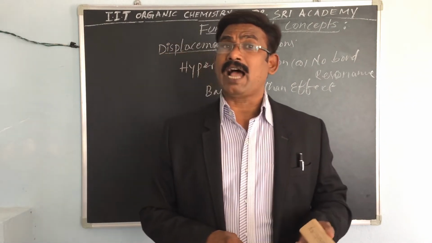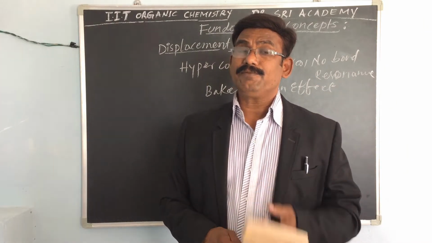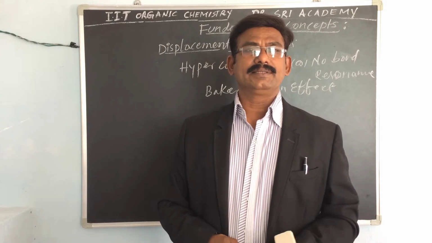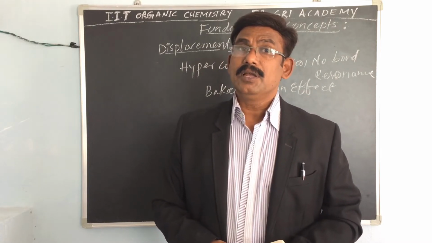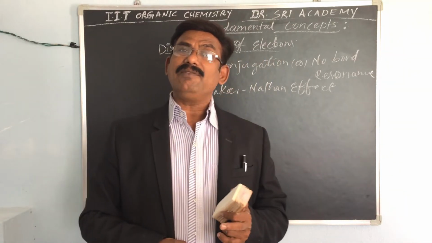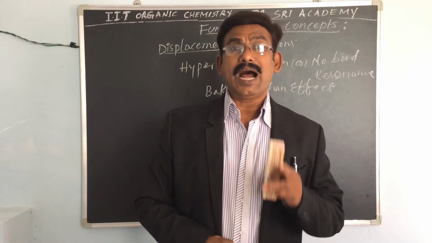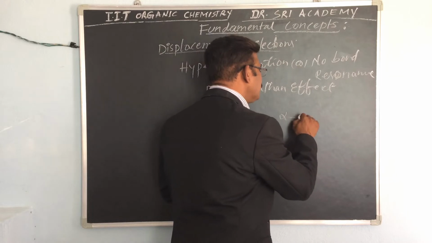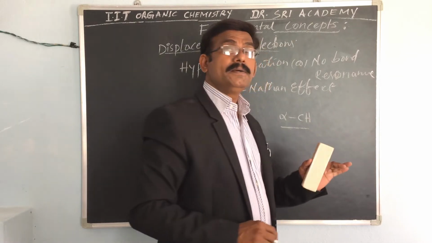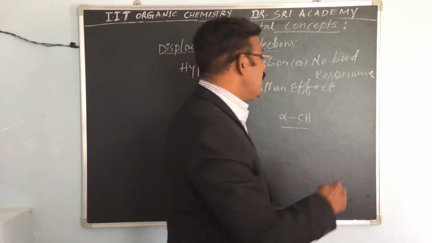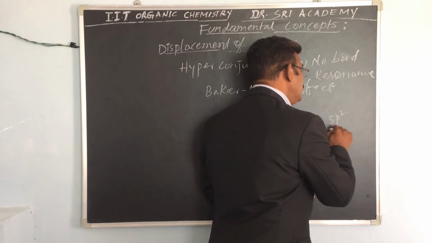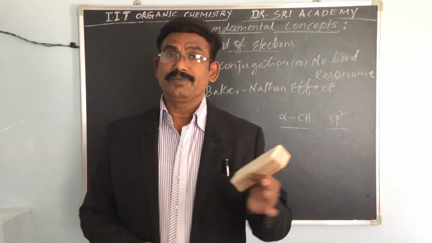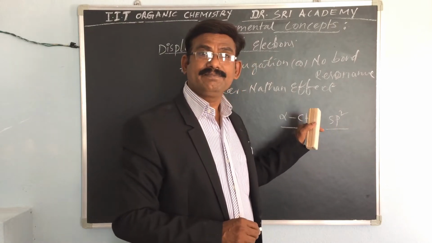So what are the conditions of hyperconjugation? Conditions are very, very important. Please listen carefully. There must be an alpha carbon-hydrogen group adjacent to an sp2 hybrid carbon, sp2 C double bond C. That should contain the alpha CH.